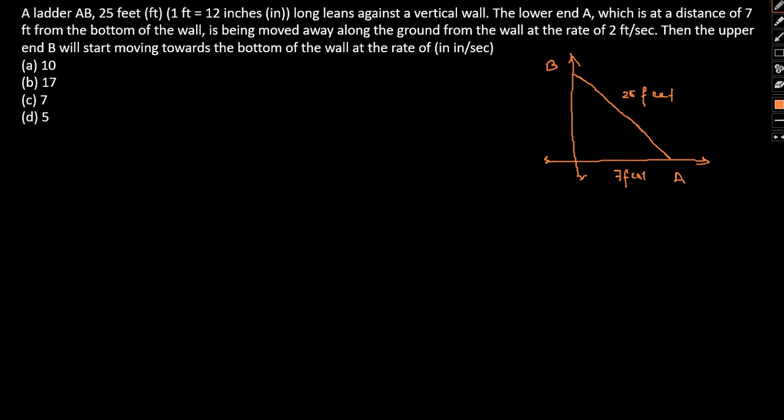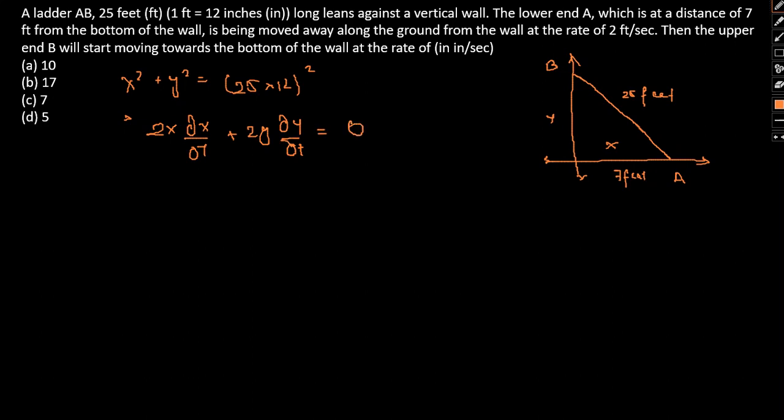So now from this triangle we can suppose this be x and this be y. So what we have is x square plus y square equal to, say, 25 feet is given as 25 into 12 inches whole square. So now if we differentiate the same with respect to time, because it's given in seconds, we have 2x dx by dt plus twice y dy by dt equal to 0, because this entire term is a constant.